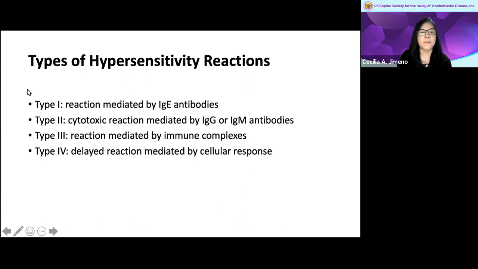Now, as I said, type 1 is the typical anaphylactic reaction, and type 4 is the delayed reaction, which will be explained later on as well by our next speaker as one of the mechanisms of action for developing the serious cutaneous adverse reactions, especially SJS.